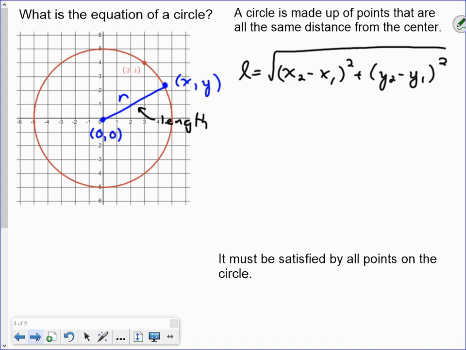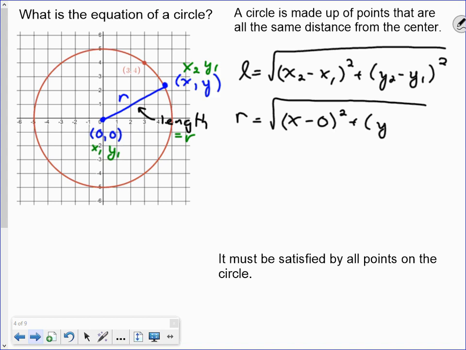Let's call the center x1, y1 and this point x2, y2. And I know that my length is going to be equal to r. So r is going to be the square root of (x minus 0) squared plus (y minus 0) squared, just subbing in the numbers for x1, x2, y1, and y2.